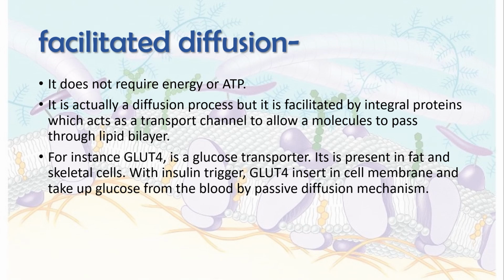This type of diffusion occurs for molecules which are larger in size and cannot cross the phospholipid bilayer. So for their transporting, there are some integral proteins that help the molecules to pass through them.